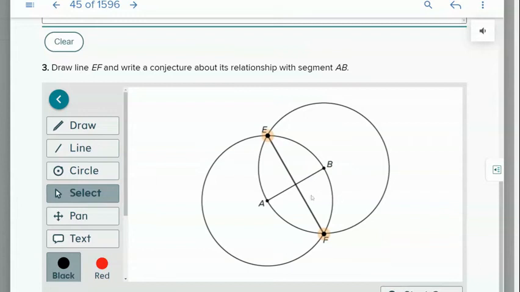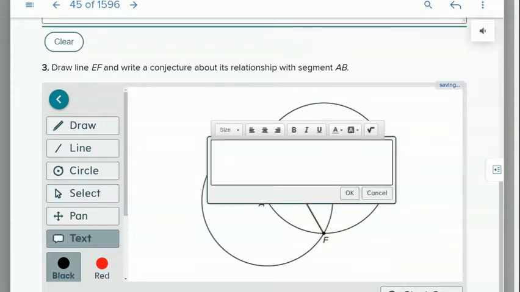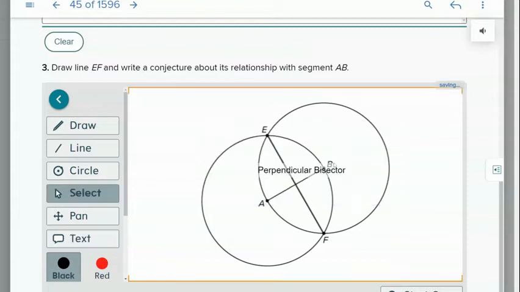What's the relationship between EF and AB? We've seen this before, right? And this is a perpendicular bisector. All right, because why? Because the two points E and F are at the points of intersection for those two circles.